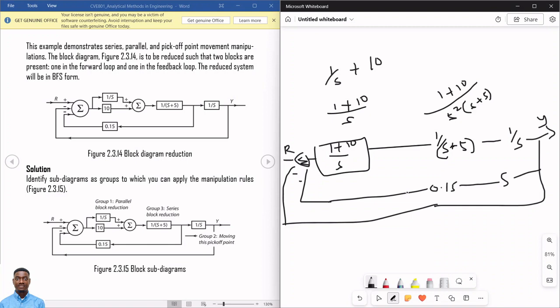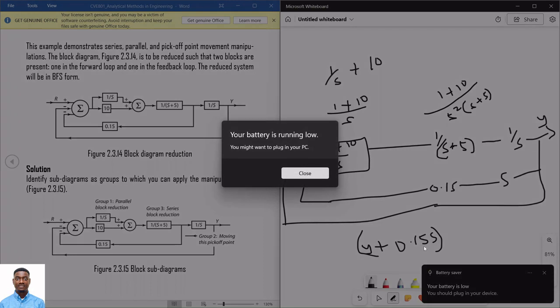Since Y is on this feedback loop, for me to merge these two, that will now be Y plus 0.15 S, which will be on this single line if I merge these two as parallel together. So I can factorize my Y out because my Y is on this line here. So that will be 1 plus 0.15 S.